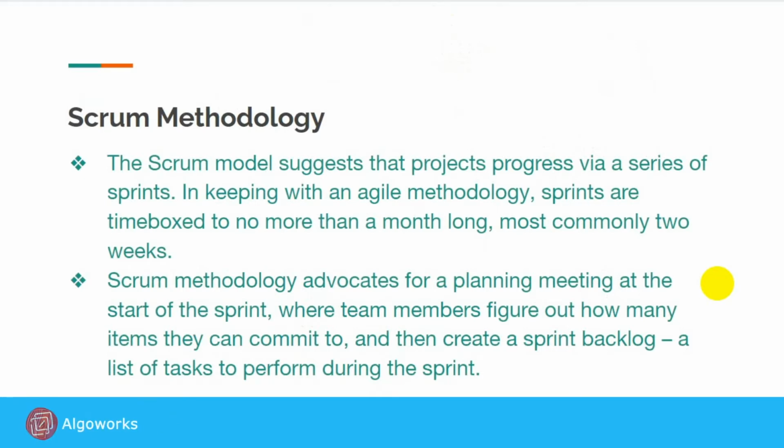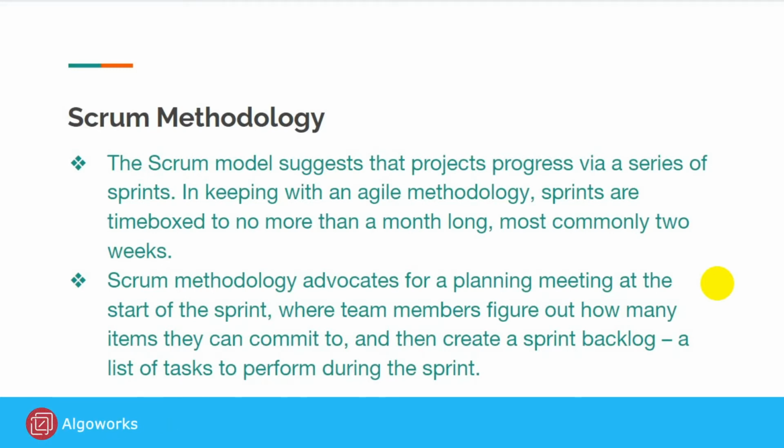So moving forward, when you talk about Scrum, Scrum is the most essential component when we talk about the Agile process. The Scrum model suggests that a project can be broken down into small modules or small features, which we can name as sprints. The ideal size of a sprint is 2 weeks, and the maximum could stretch up to 4 weeks.